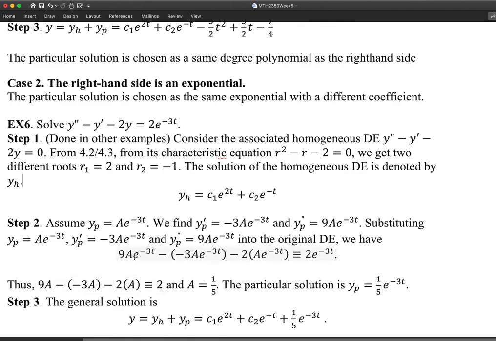And when combined, we want to match the right-hand side with the coefficient 2. So I reached this point. So indeed, in this case, a has to be 1/5. A has to be 1/5. So the particular solution in this case is 1/5 times e to the negative 3t.